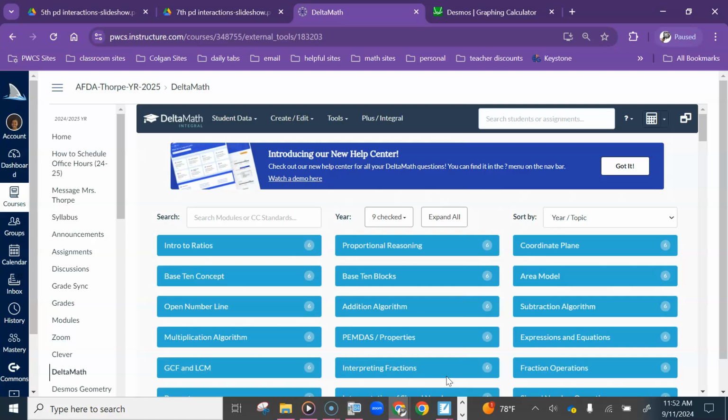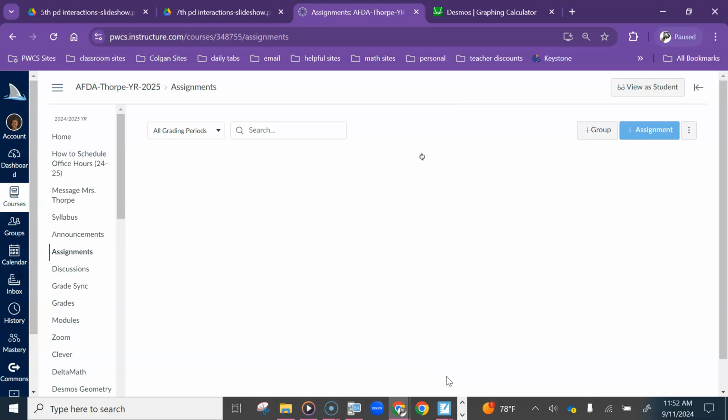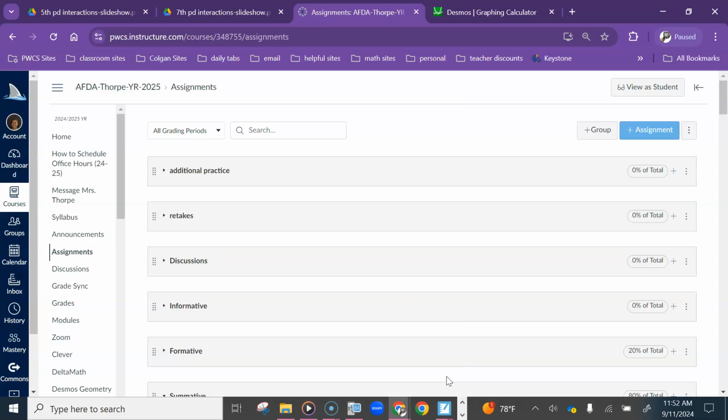So you can go into assignments, the side link on assignments, so hit done at the top. Your assignments will look a little different than mine. There we go. Okay. So you should see these categories: additional practice. It should be smaller at the top, and then keep scrolling until you see formative.